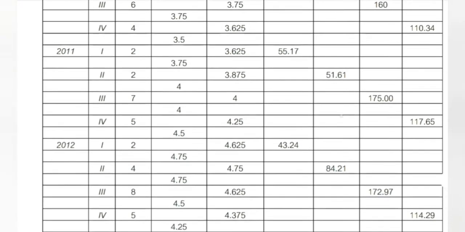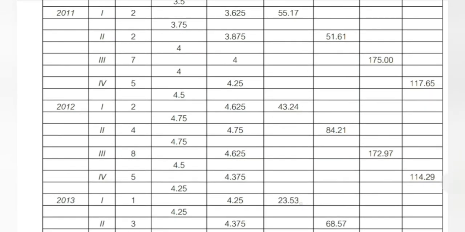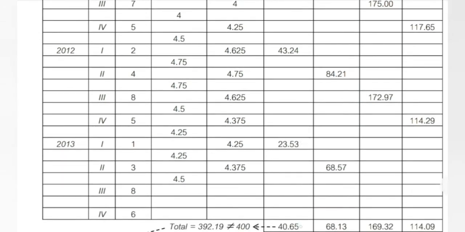Actually, we want only one index for one season. Therefore, for each season, we will find the average of these 3. 55.17 plus 43.24 plus 23.53 is equal to the sum total, then divide by 3, equal to 40.65, and so on.